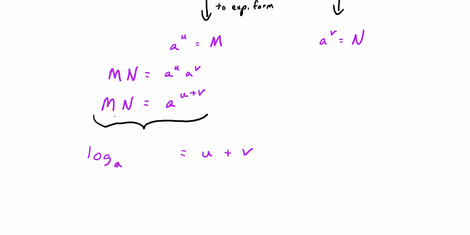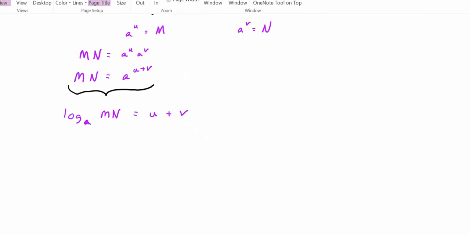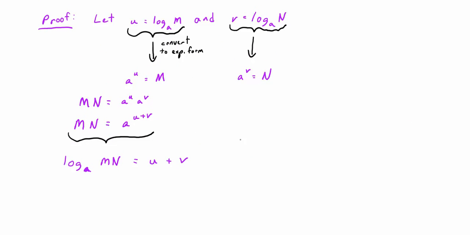And then the only thing left, the m times n, is your input, which is exactly the input we wanted on the left side. And then what is u, what is v? Well, go back up and look. Oh, u is exactly what we want it to be. U is log base a of m, and v is log base a of n.